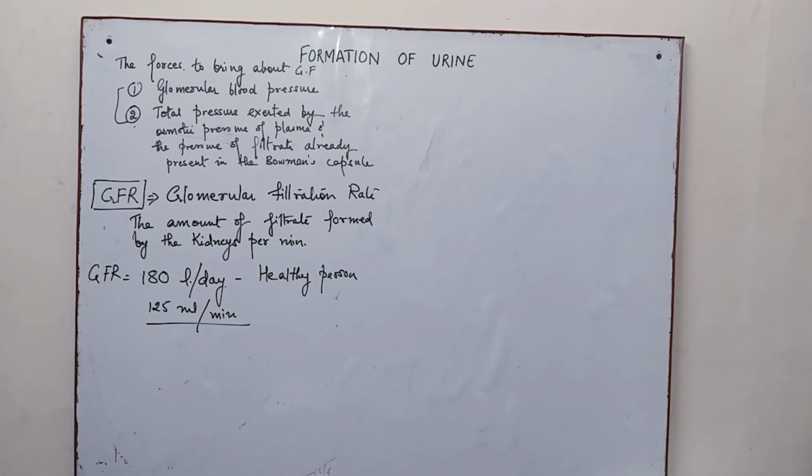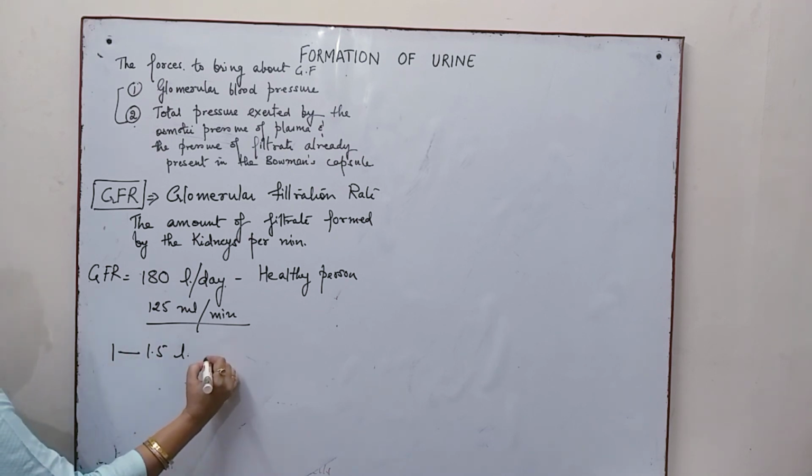Now seeing this amount, one fifth of the blood is circulated very quickly. Out of this major amount, only 1 to 1.5 liters of urine is produced every day.